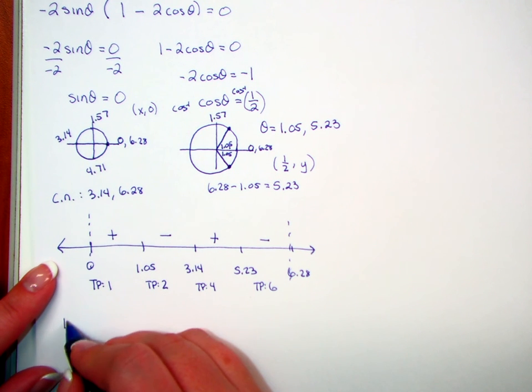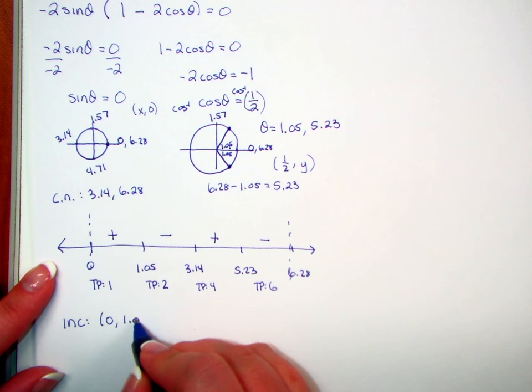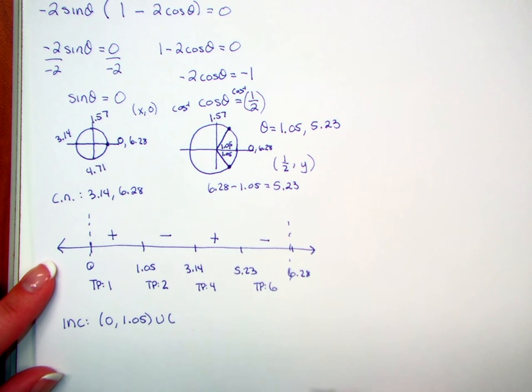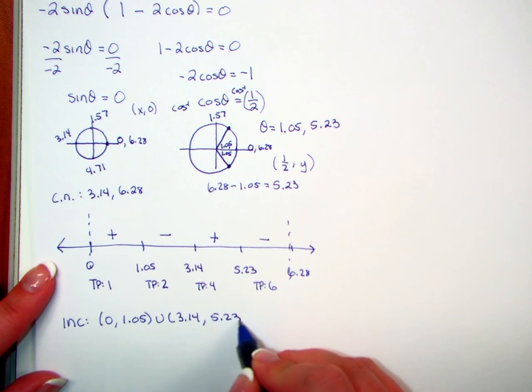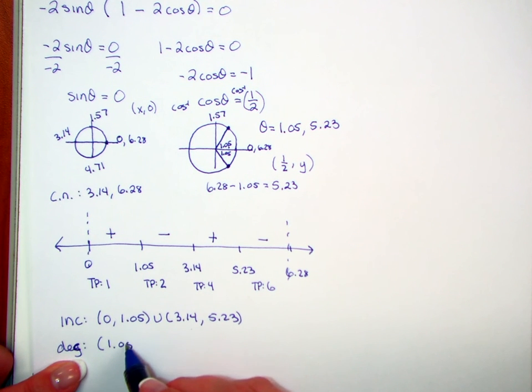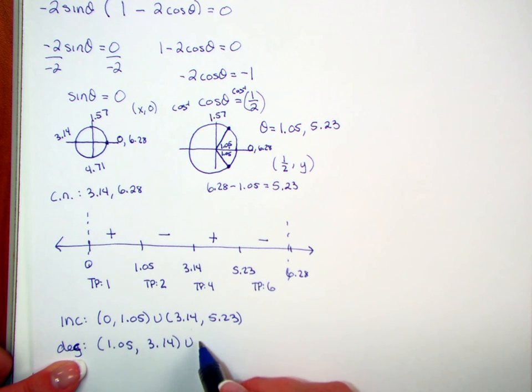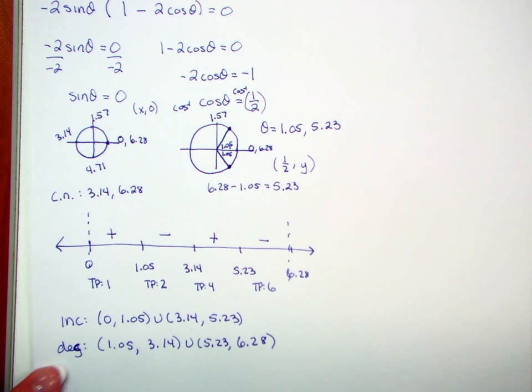So I have increasing from 0 to 1.05, union 3.14 to 5.23, decreasing from 1.05 to 3.14, union 5.23 to 6.28. Then we can calculate maxes and mins.